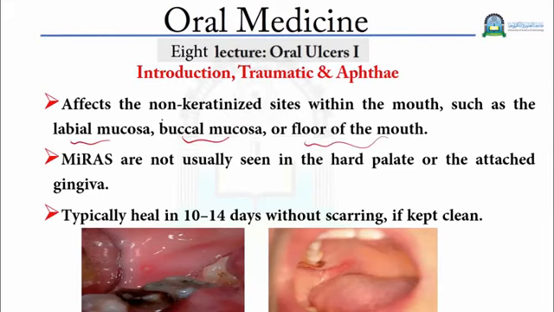In these areas we have a low amount of keratin. Minor aphthous ulcers are not usually seen in the hard palate and the attached gingiva, which are keratinized areas, and typically heal in 10 to 14 days without scarring if kept clean.